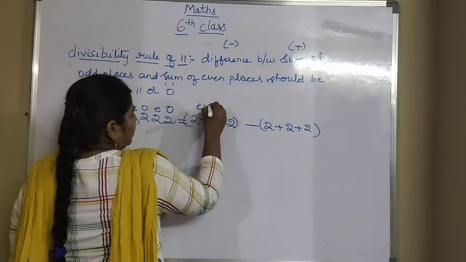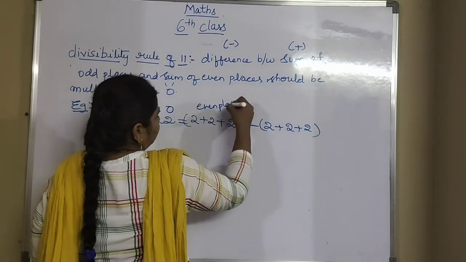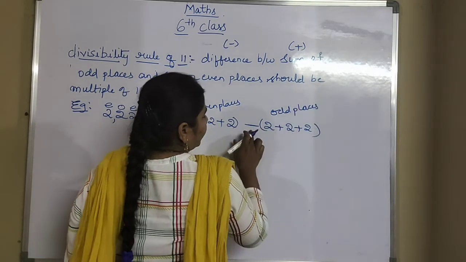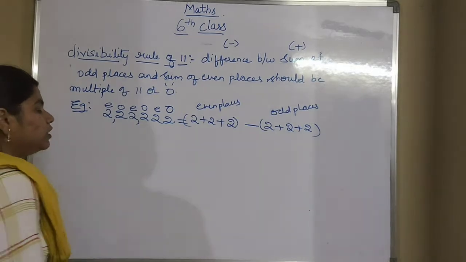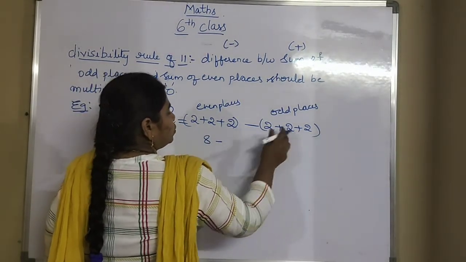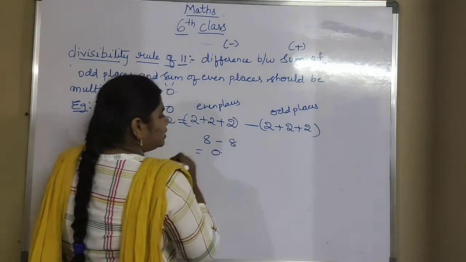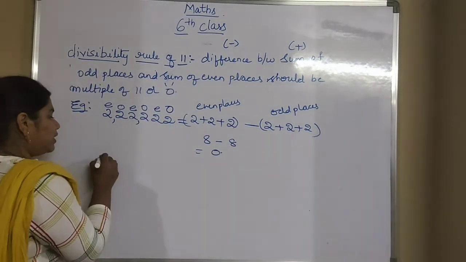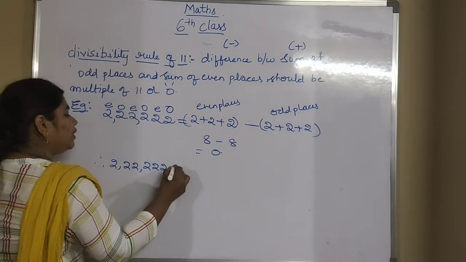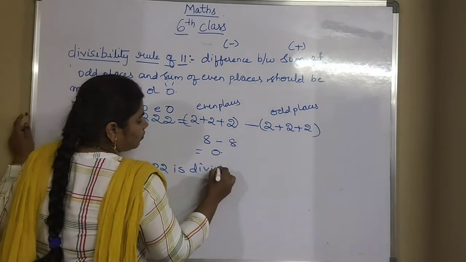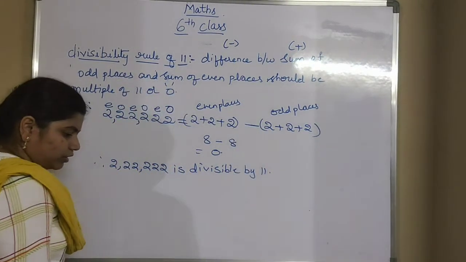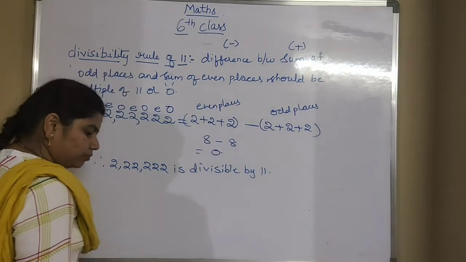These are even places and these are odd places. We are doing subtraction. 2 plus 2 plus 2 is how much? 6. Minus 2 plus 2 plus 2 is 6. So you got the result as 0. So we can say 2,22,222 is divisible by 11.